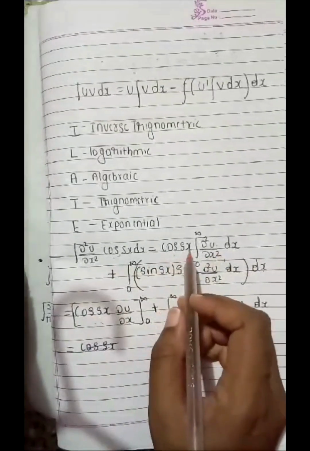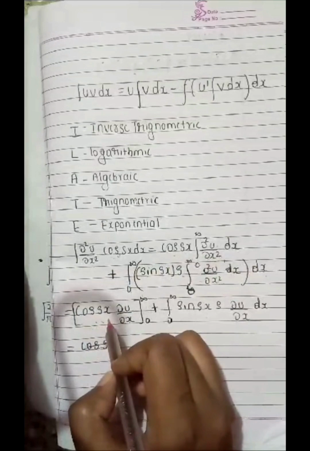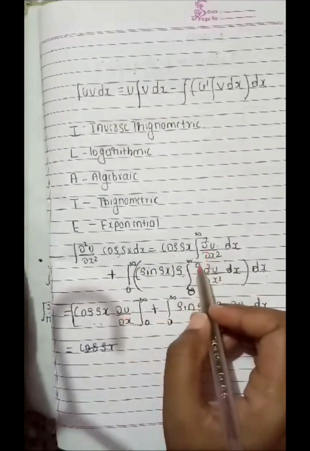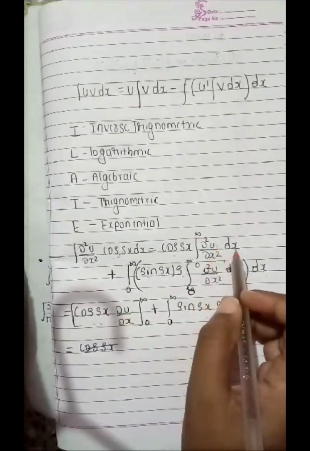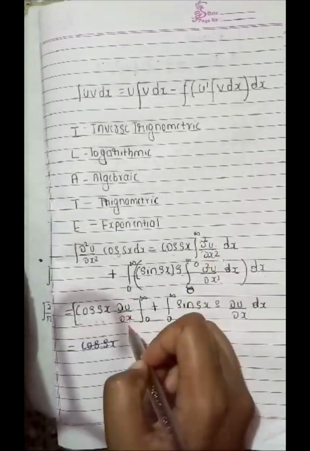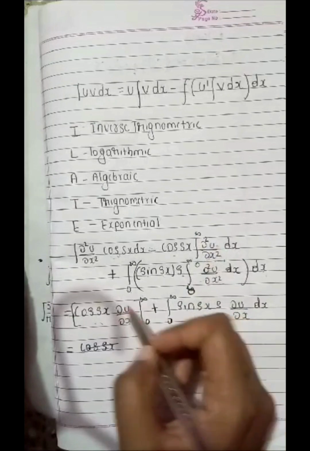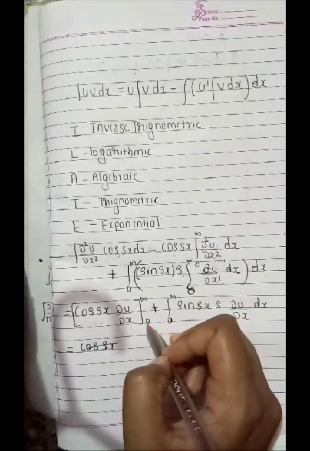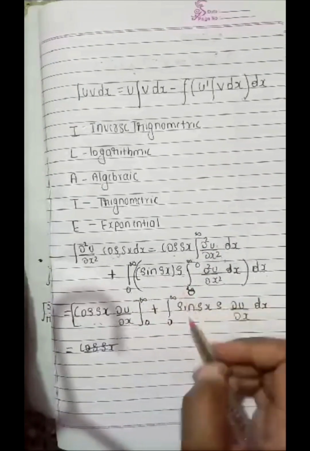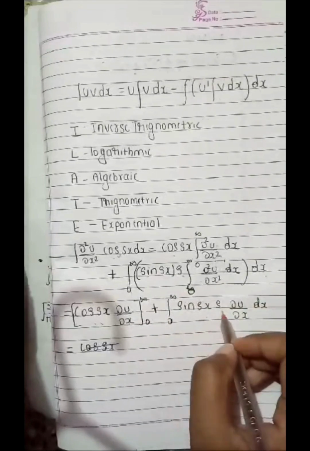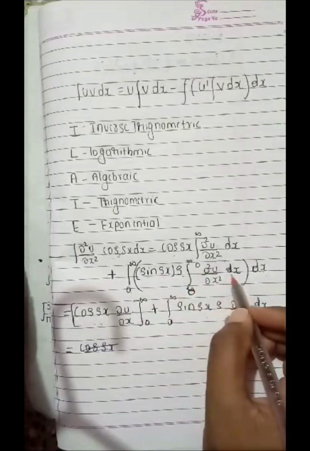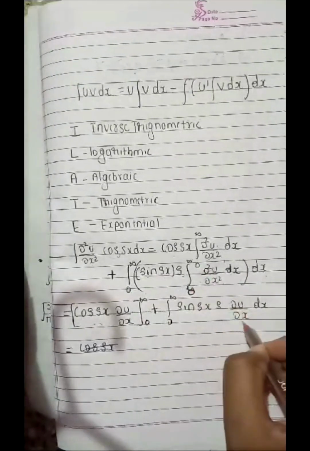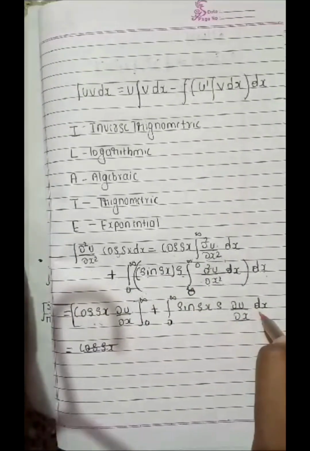Here cos(sx) is written the same, and after integrating ∂²u/∂x² dx we get ∂u/∂x, to which we apply the limits 0 to ∞, then plus s ∫₀^∞ sin(sx) ∂u/∂x dx.